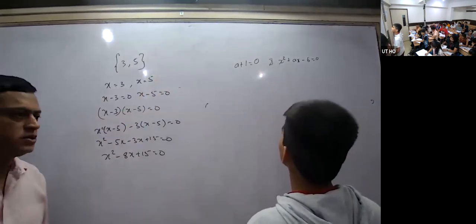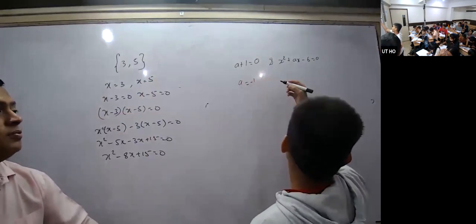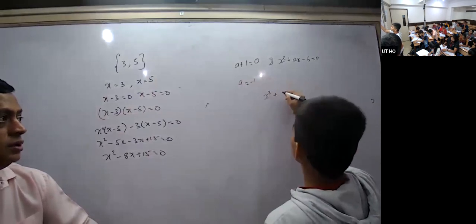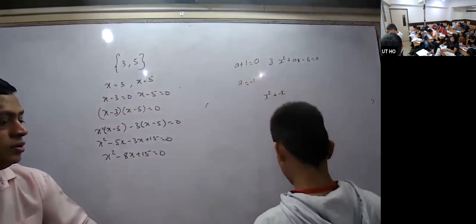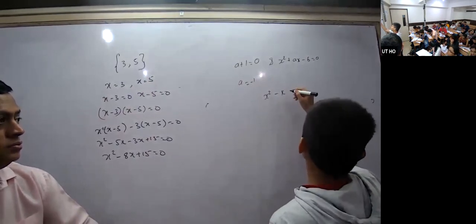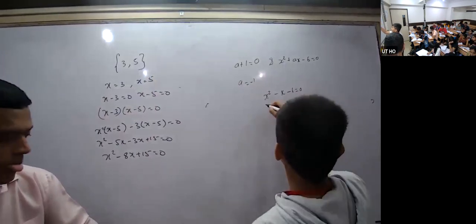Find the value of a first. So done. Then replace it. Therefore, what do you get? Erase them. Now you can solve it.